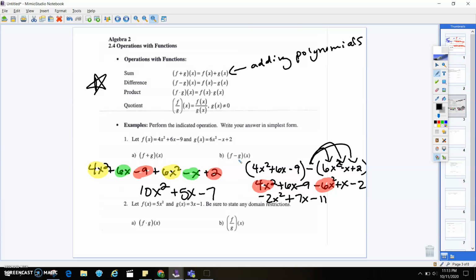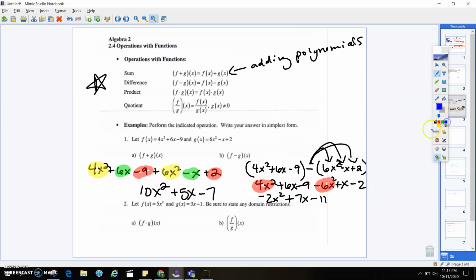They're just trying to confuse you on just really the notation on this. Now, if this would have said g minus f, f would come second, and that's the one that you would distribute that negative to. Okay? So just keep that in mind when you're looking at this notation. You got to pay attention to which one comes first.